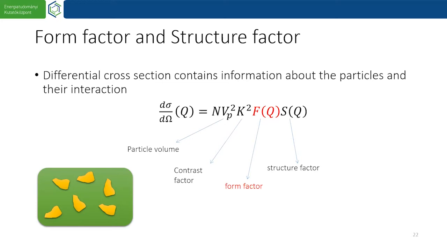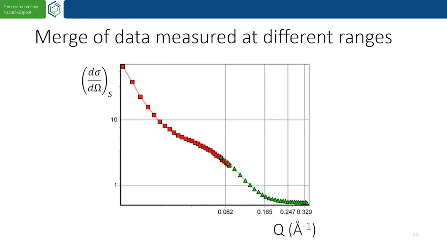I have a question. Sorry, always me. Here Q is in inverse angstroms, but Q is the momentum transfer. Yes, it is. This is the usual way we use it, either in inverse angstroms or inverse nanometers.